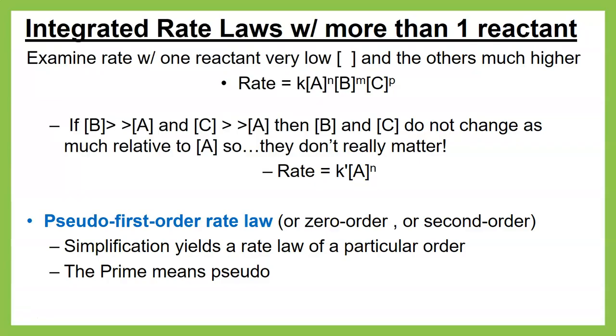You have differential rate laws and you have integrated rate laws. But really, all they're doing is the same thing. They're all trying to describe the speed at which these reactions are happening. And they're trying to use that speed to help us figure out the mechanics and the mechanism of how these reactions happen.